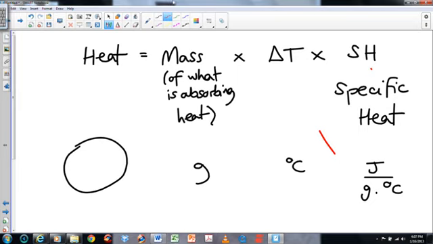Temperature is usually shown in degrees C, and for the mass it's going to be in grams. Notice we've got grams and degrees C on the top, grams and degrees C on the bottom here, so those all cancel out. So the question then is, when using this equation, what's the unit for the heat that you get out? Of course, it's going to be joules. We may convert that to calories or kilocalories or something else later on. Not much of an issue.